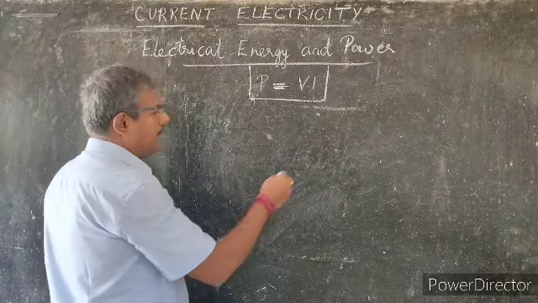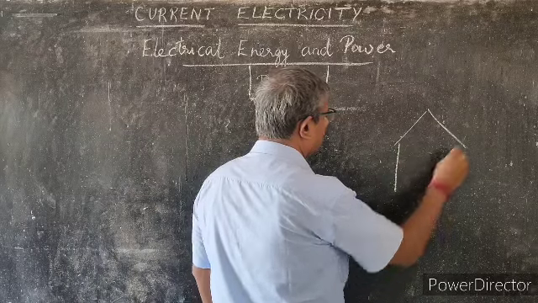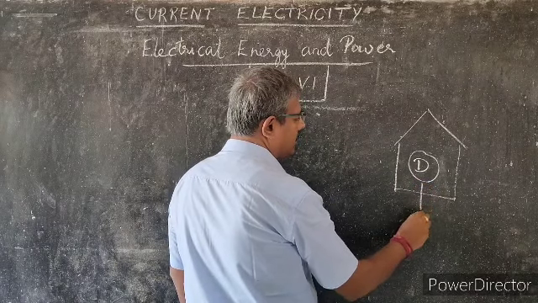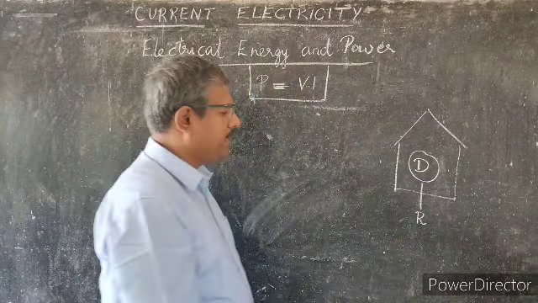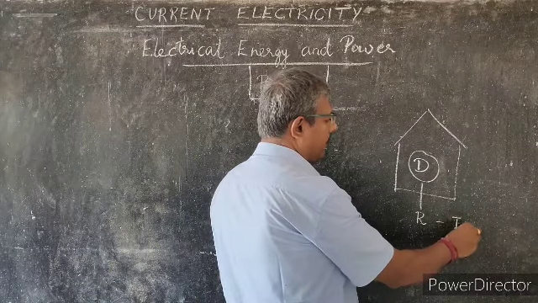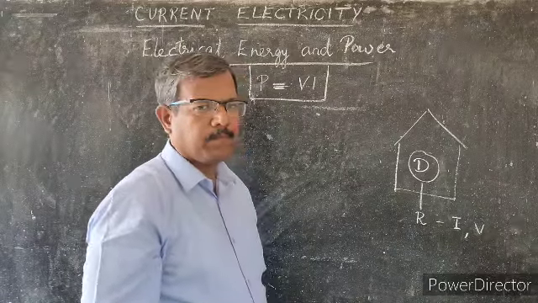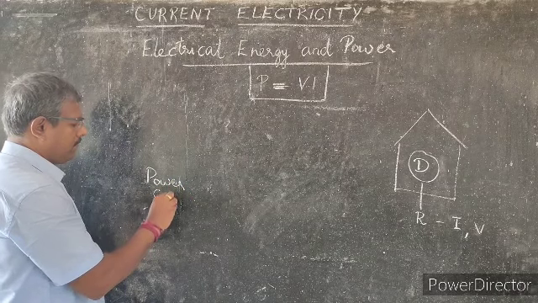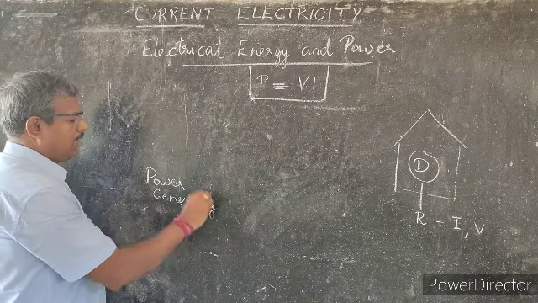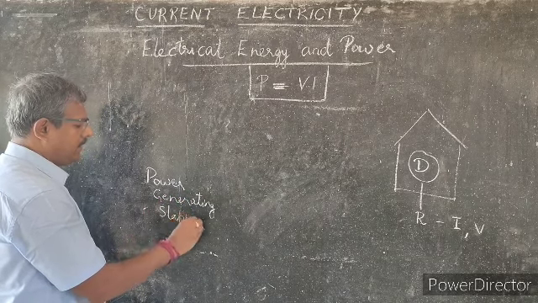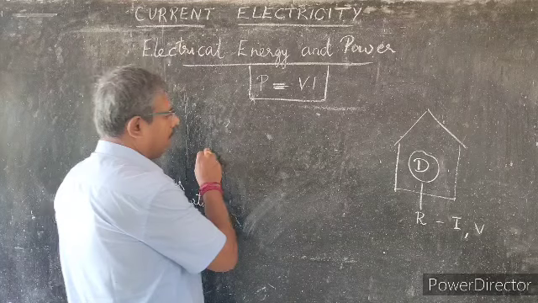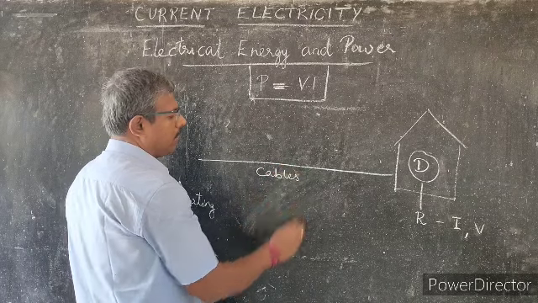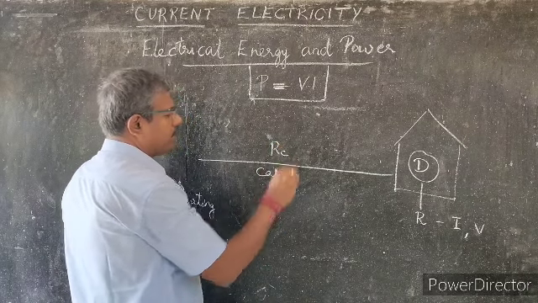Let's say at our household there is a device with resistance R which consumes current I at a particular voltage V, and there's a power generating station located several thousand kilometers away, and electricity is transmitted via power cables which offer, let's say, a resistance RC.